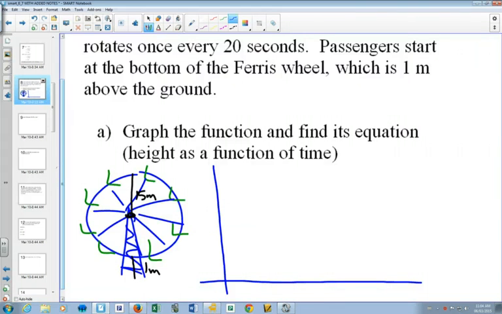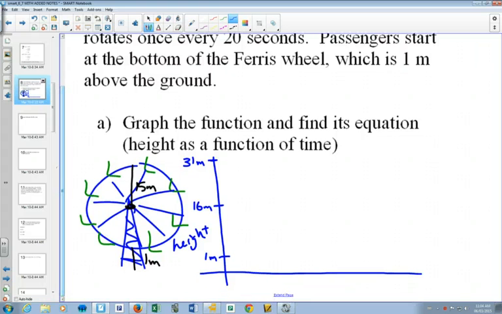So the first thing I'm going to do on my graph is put 1 meter there. Since the radius is 15, my center is going to be at 16 meters. And the top is going to be at 31 meters. We can label this side as height.